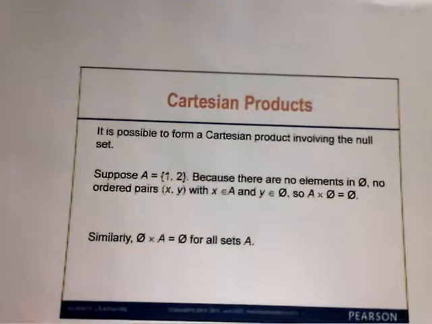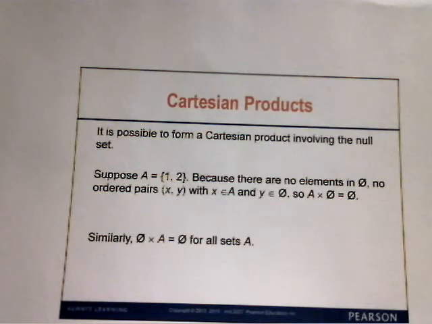It is possible to form a Cartesian product involving the null set, or the empty set. Suppose A has the elements 1, 2. Because there are no elements in the empty set, there are no ordered pairs (x, y) with x being an element of A and y being an element of the empty set.